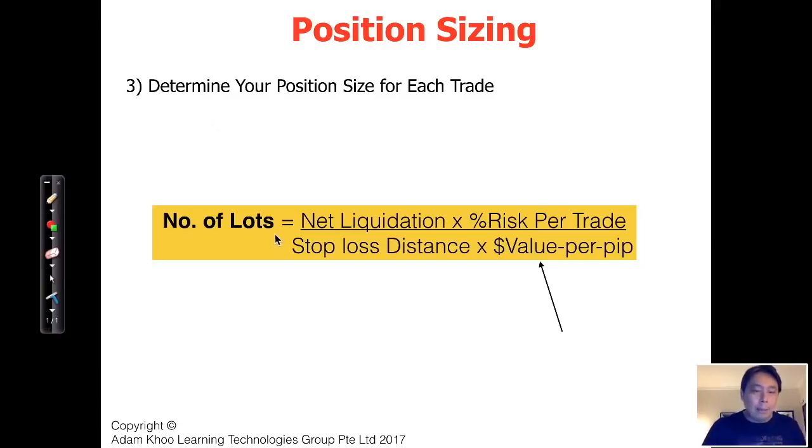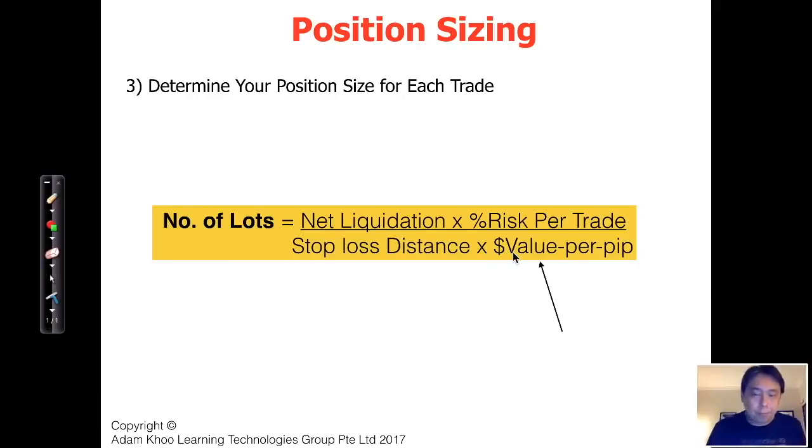The number of lots to trade equals your net liquidation, or your current capital, multiplied by your risk per trade, which is 1%, 2%, 3%, divided by your stop loss distance multiplied by your dollar value per pip per standard contract.